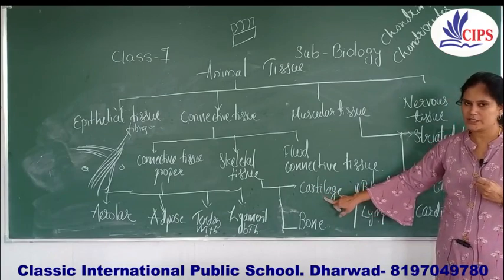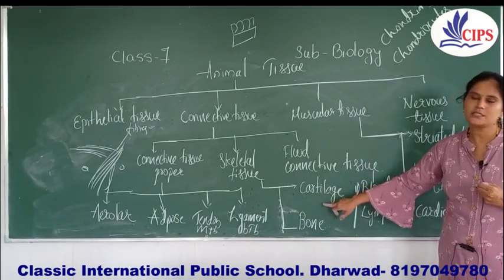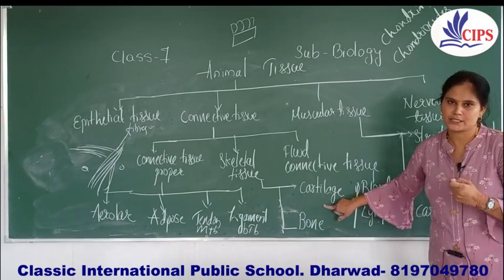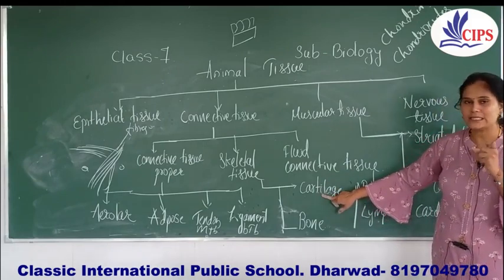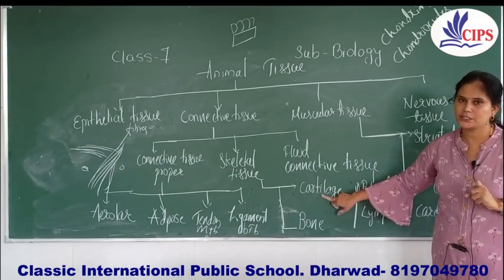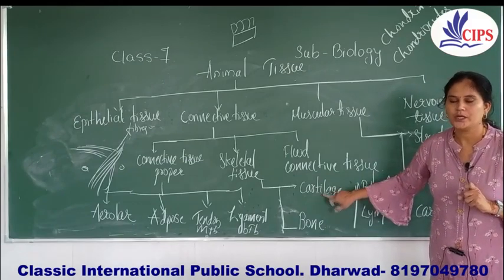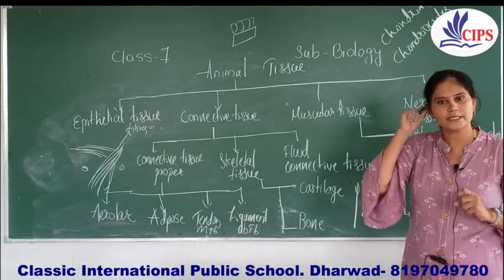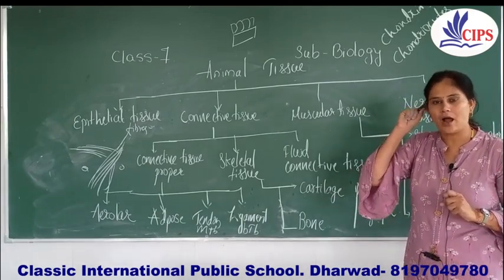Why is it elastic? Because the matrix is filled by fluid-filled cells, and this gives elasticity to the tissue. And these are present at the tip of the nose and also at the ear pinna.